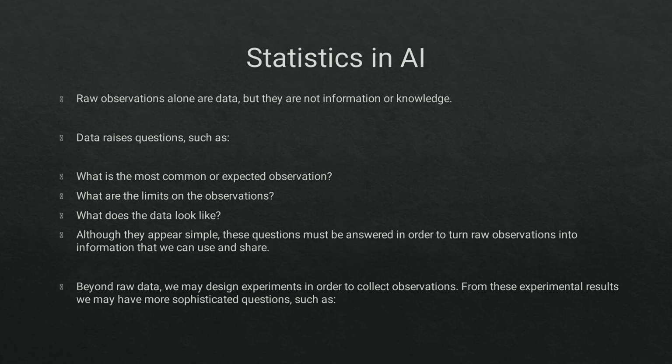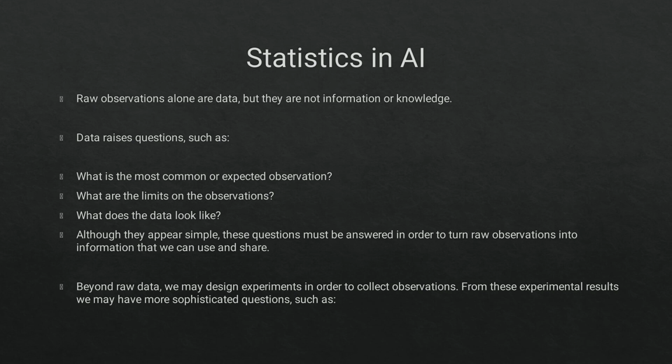Data raises questions such as what is the most common or expected observation? What are the limits on observations? What does the data look like? Although they may appear as simple questions, these questions must be answered in order to turn our observations into information that we can use and share. Beyond raw data, we may design experiments in order to collect observations from these experimental results.